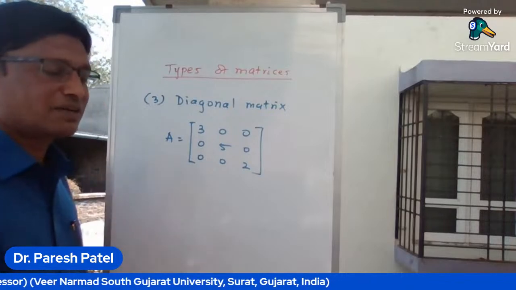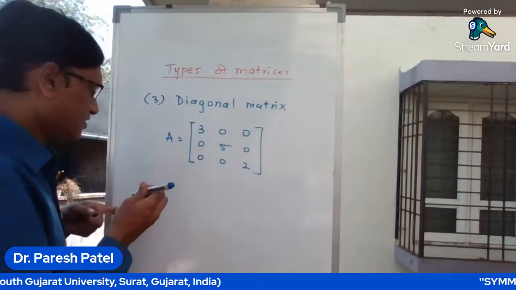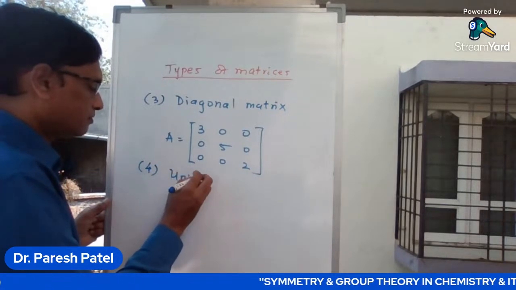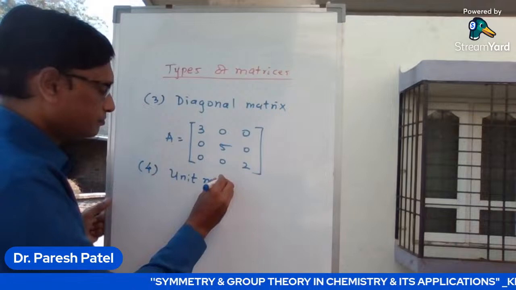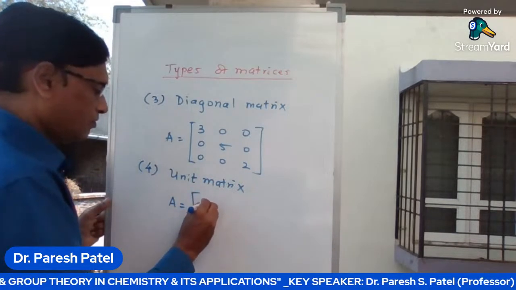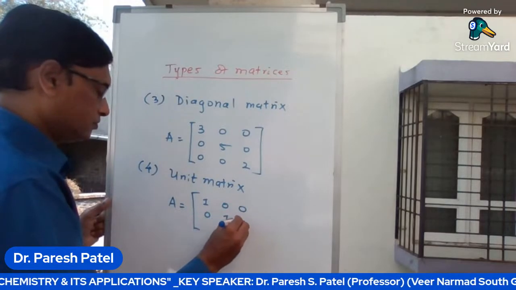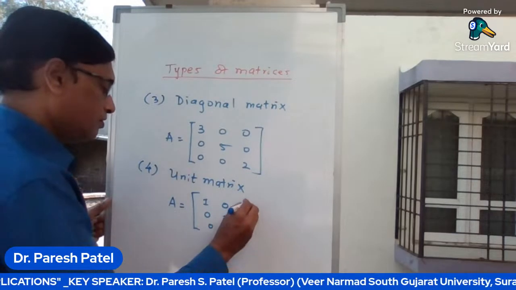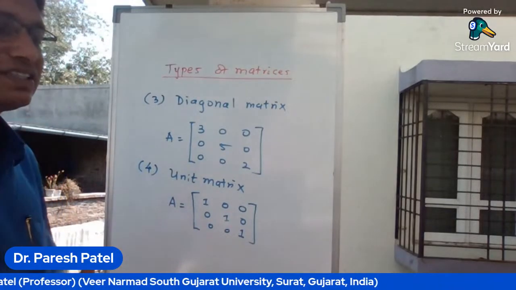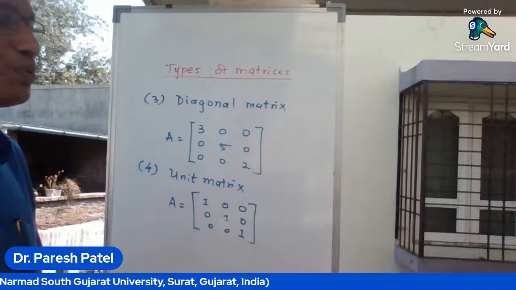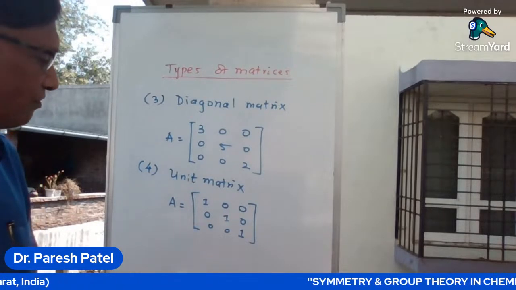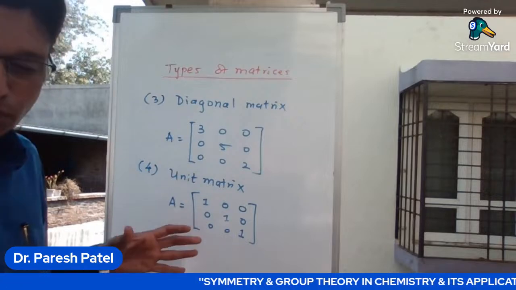So this type of matrix can be represented as a diagonal matrix. The fourth one is the unit matrix. The values at the diagonal positions are 1, and the values of the elements other than the diagonal are 0. So this type of matrix can be represented as a unit matrix.